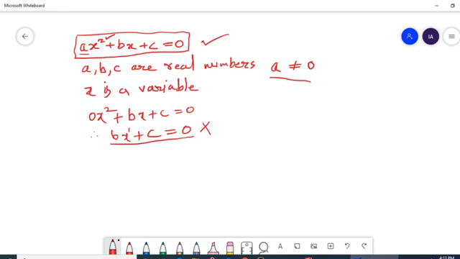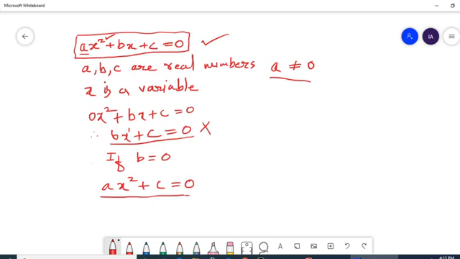What if b or c is 0? So suppose if b is 0, then this equation will become ax square plus c equals to 0. This can be considered as quadratic equation because the highest degree is 2.